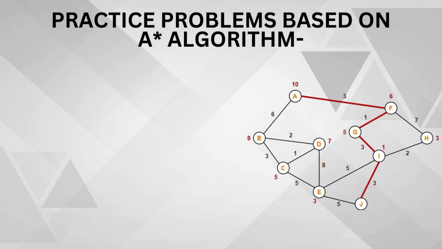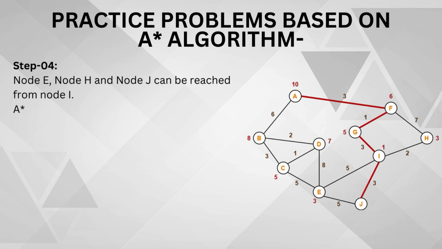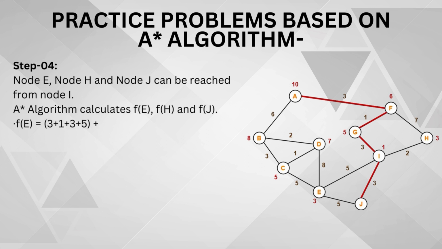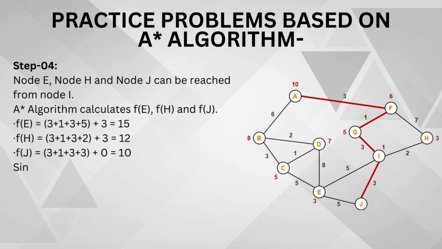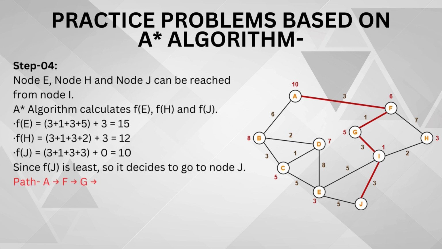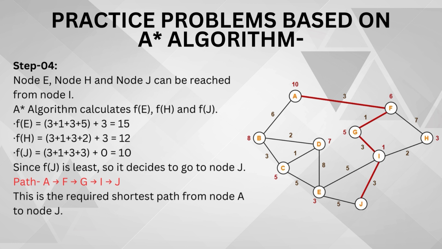Step 4, node E, node H and node J can be reached from node I. A star algorithm calculates f of E, f of H and f of J. f of E means 3 plus 1 plus 3 plus 5 plus 3, that means 15. f of H is equal to 3 plus 1 plus 3 plus 2 plus 3, is equal to 12. f of J is equal to 3 plus 1 plus 3 plus 3 plus 0.